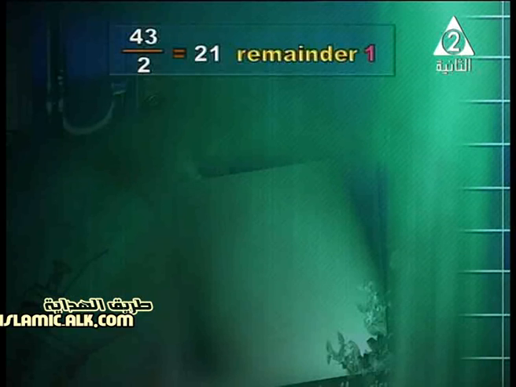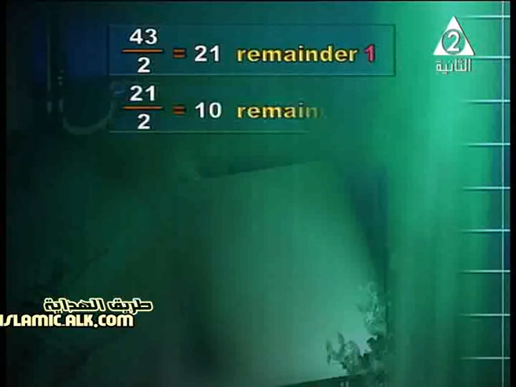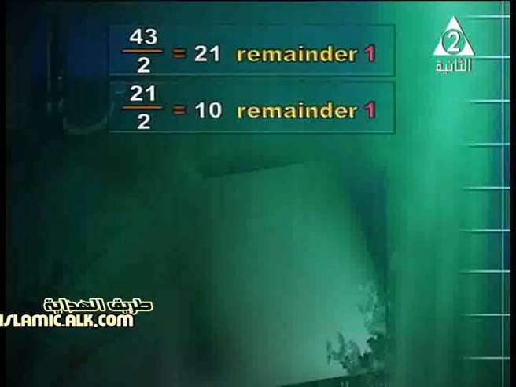It gives 21, and the remainder is 1. We do the same with 21. Divided by 2, it gives 10; 2 times 10 is 20, and 21 minus 20 leaves a remainder of 1.